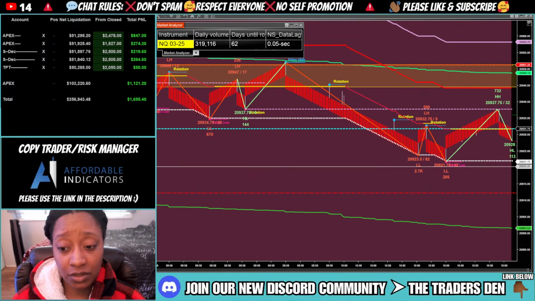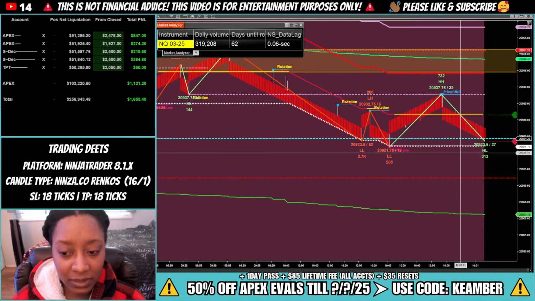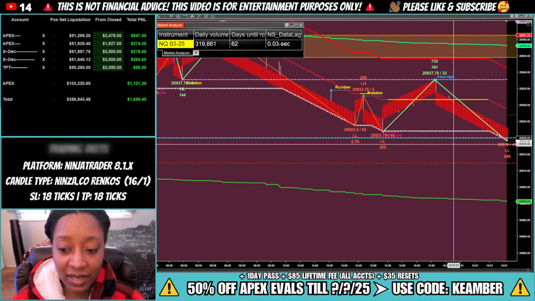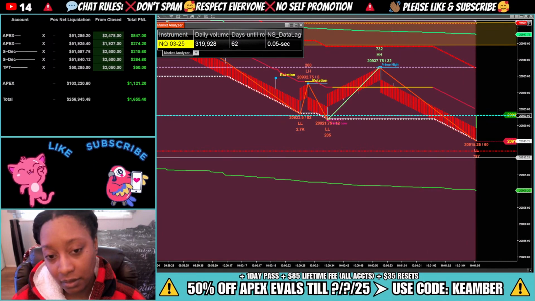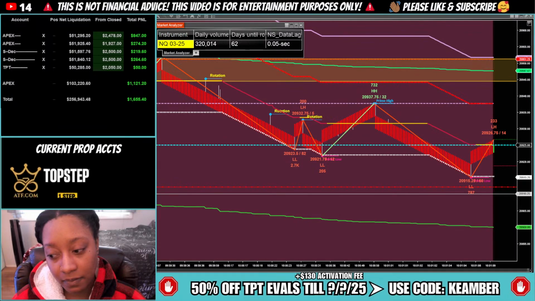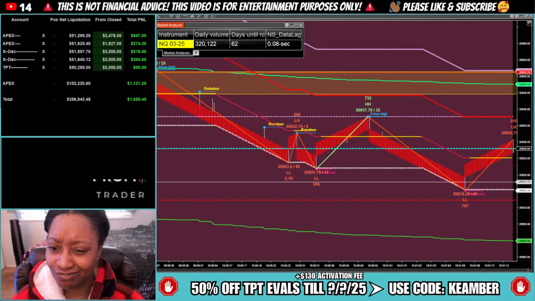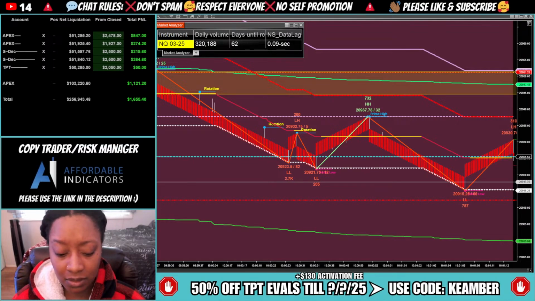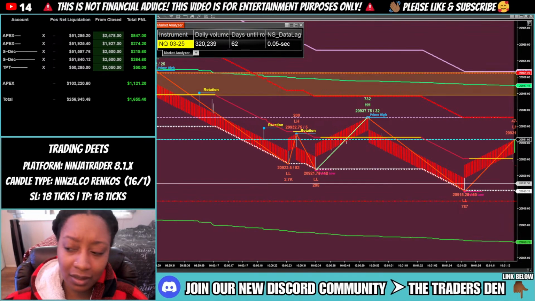Now, what I am gonna do is for both of these accounts, I'm probably gonna continue trading the 5 contracts on Top Step and the 6 on Apex. Just because at this point, that's what makes the most sense. My strategy is pretty much done. Still very tiny adjustments. Like the trade I lost earlier.